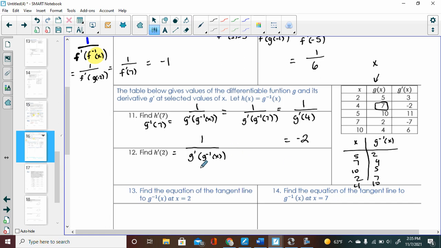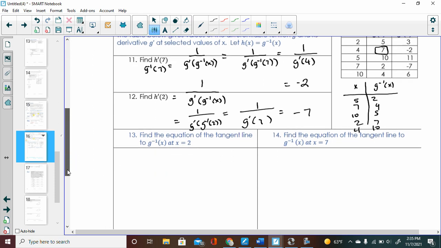So just filling this in, I have 1 over g prime, this inverse of 2, okay? This equals 1 over g prime of, go find 2 for the inverses, and it's 7, okay? And then I go to my table for 7, and I get -7. And I'm done.